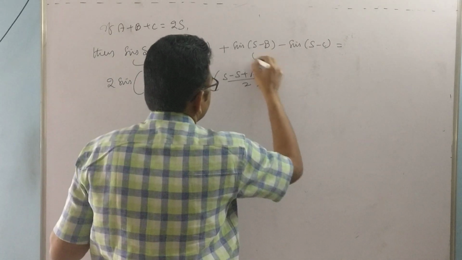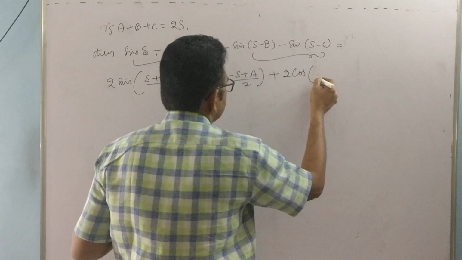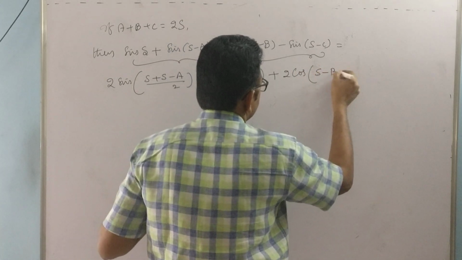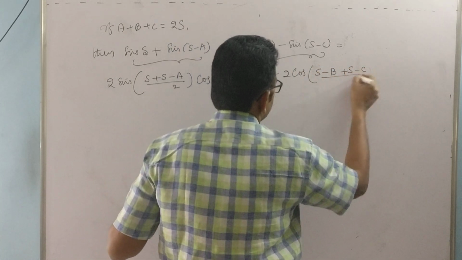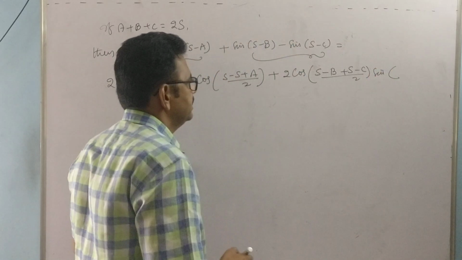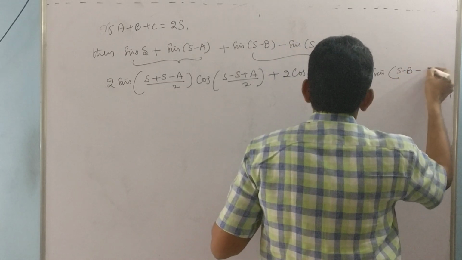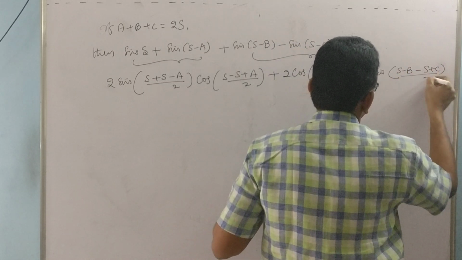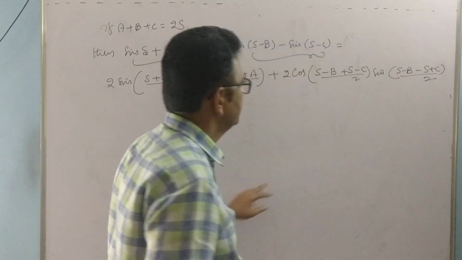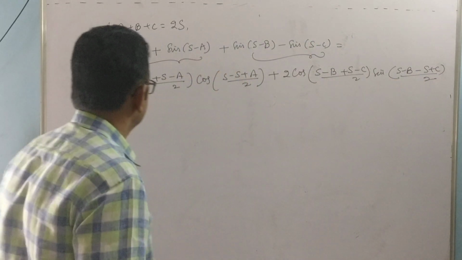Next plus sin C minus sin D: 2 cos of (C plus D) by 2, that is s minus b plus s minus c by 2, into sin of (C minus D) by 2, that is s minus b minus s plus c by 2, minus of s minus c, that is minus s plus c.